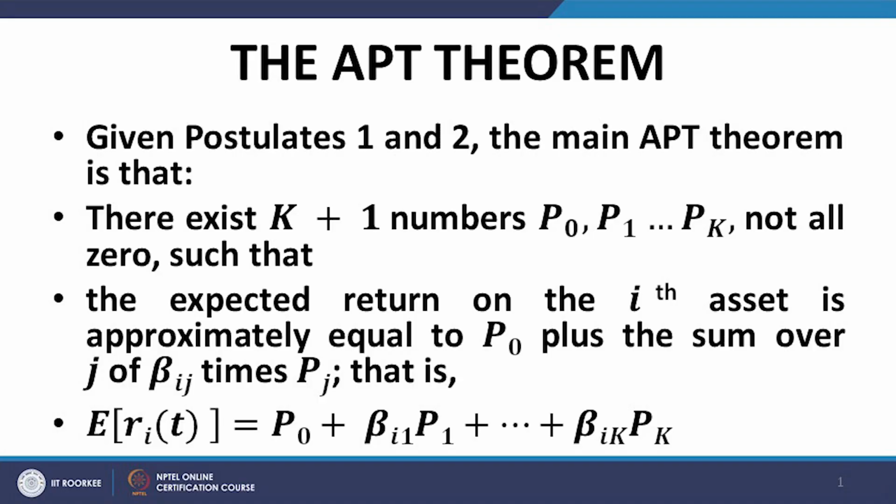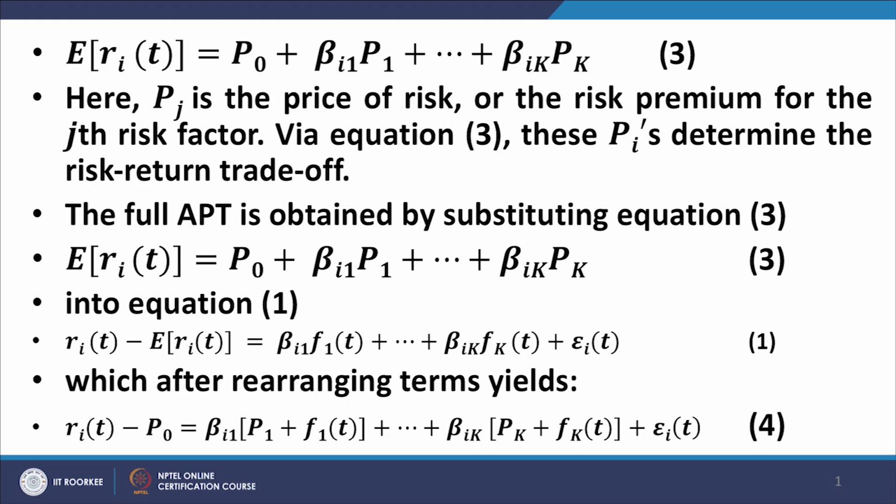Now, we come to the APT theorem. Given postulates 1 and 2, the main APT theorem says that there exist k plus 1 numbers p0, p1, p2 up to pk, not all 0, such that the expected return on the ith asset is approximately equal to p0 plus the sum over j of beta ij times pj, or equation number 3 that is at the top of this slide.